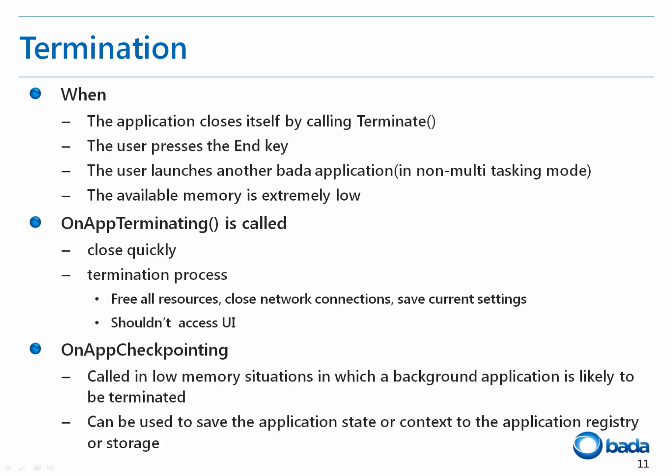In C++ and Flash applications, you can avoid situations in which important application data is lost due to this kind of termination by saving the application state or context to the application registry, or storage, by implementing the IAppCheckpointEventListener interface. Its OnAppCheckpointing event handler is called in low memory situations in which a background application is likely to be terminated. Similar event handlers are also available for web applications.